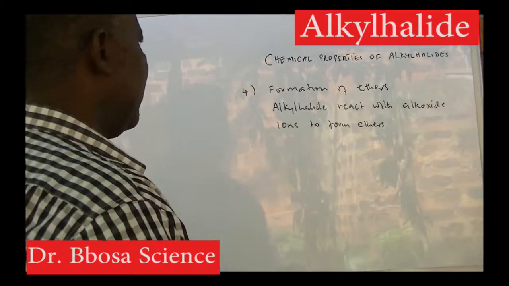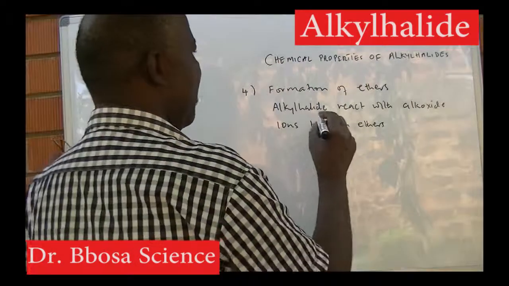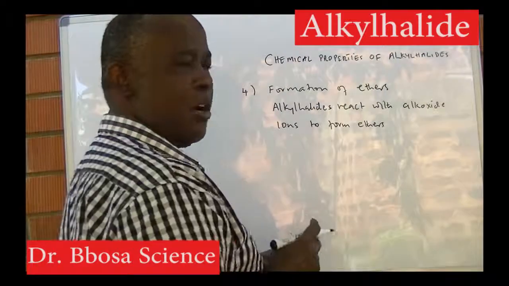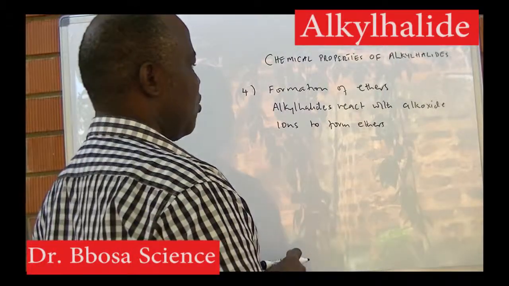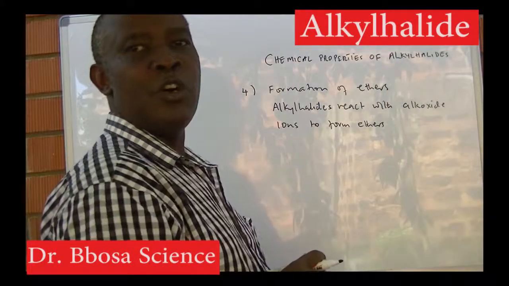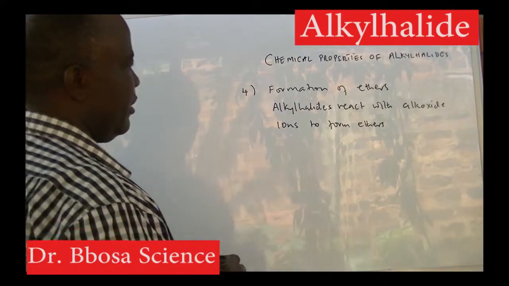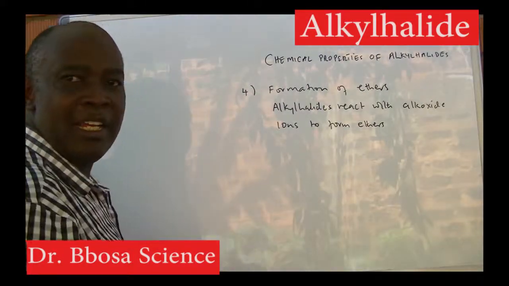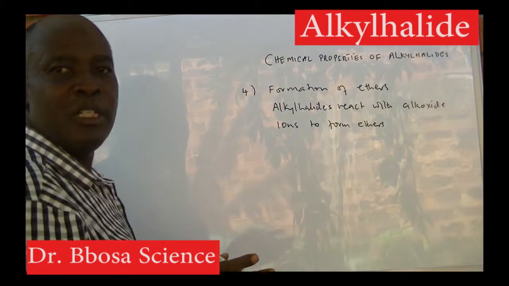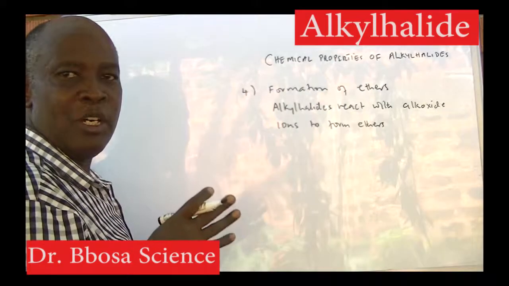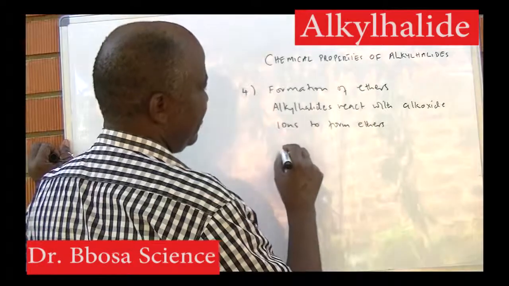Formation of ethers from alkyl halides. Alkyl halides react with alkoxide ions to form ethers. Primary alkyl halides undergo SN2. Tertiary alkyl halides undergo SN1 mechanism.